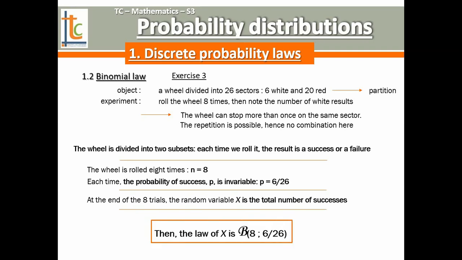And this binomial distribution has 2 parameters. The first one is the number of trials, 8, that is denoted by the letter n, and the second parameter, 6 over 26, is the probability of success, p, that is always the same.